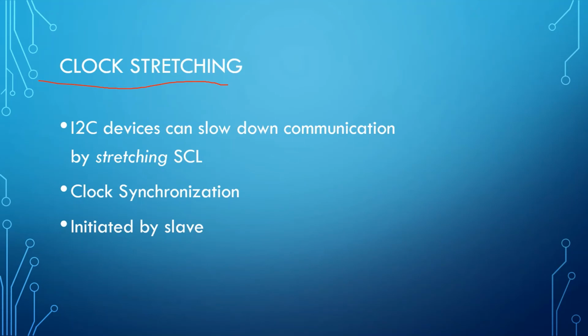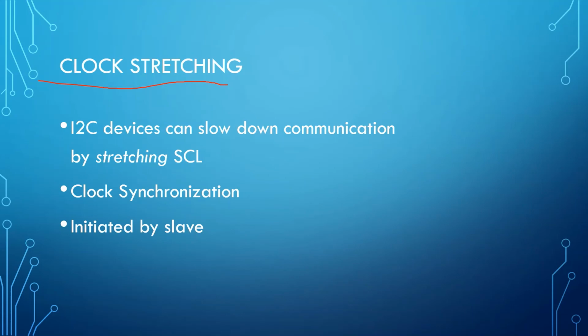Means we need to slow down the clock to give the slave time to store its data safely. Also, at the time of sending data, if the master needs to encode the data and generate one acknowledgement, it takes some time, so the master can also request to slow down the clock.